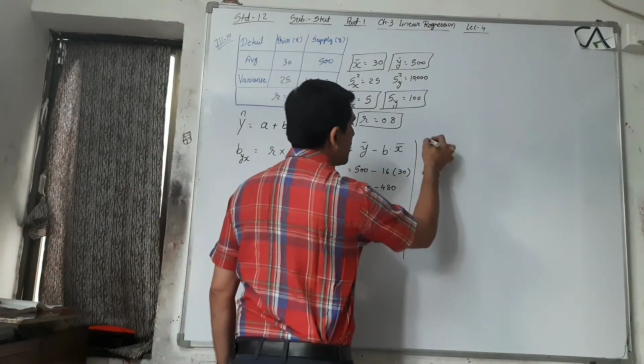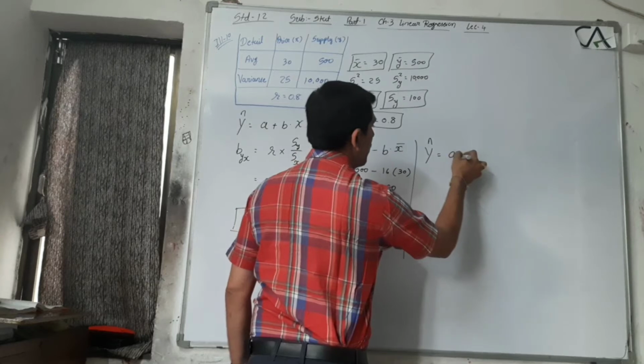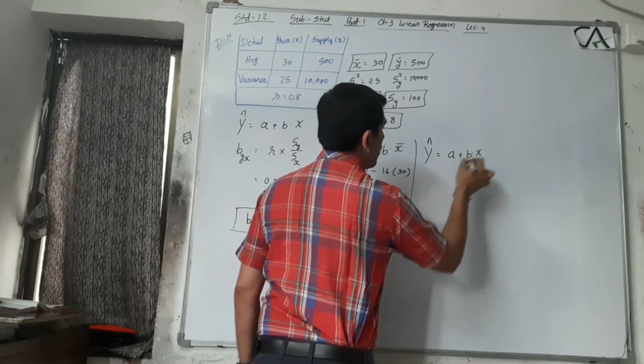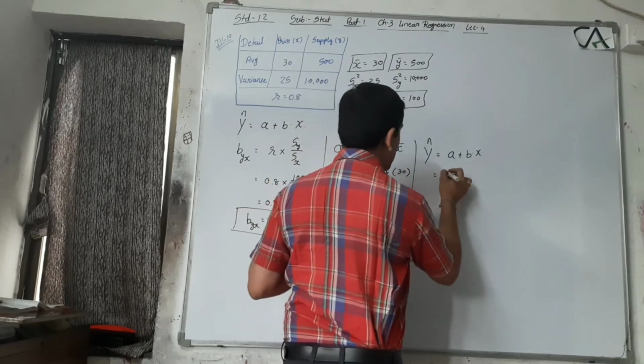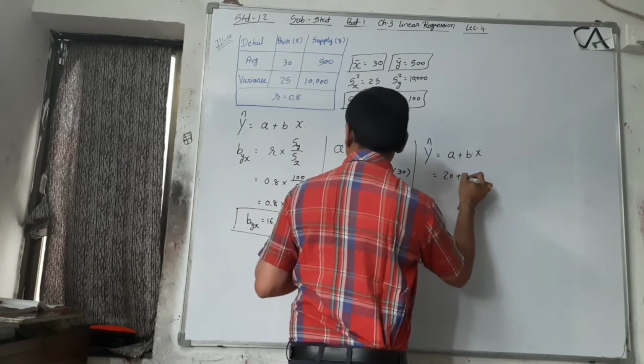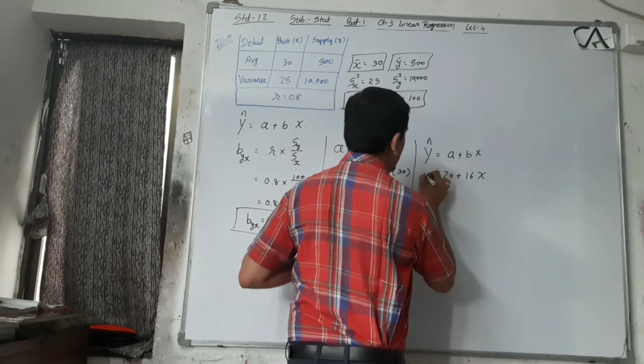Now obtain the regression line of Y on X, that is Y cap is equal to A plus BX, that is 20 plus 16x.